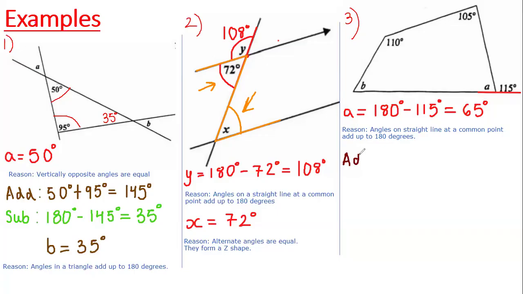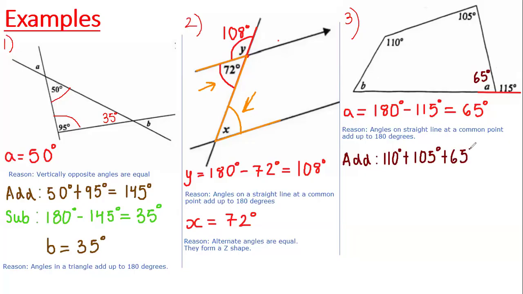So what we're going to do here is add 110. What is A, by the way? A is 65 degrees. Let's just keep that in mind. So we're going to add 110 degrees plus 105 degrees plus 65 degrees.